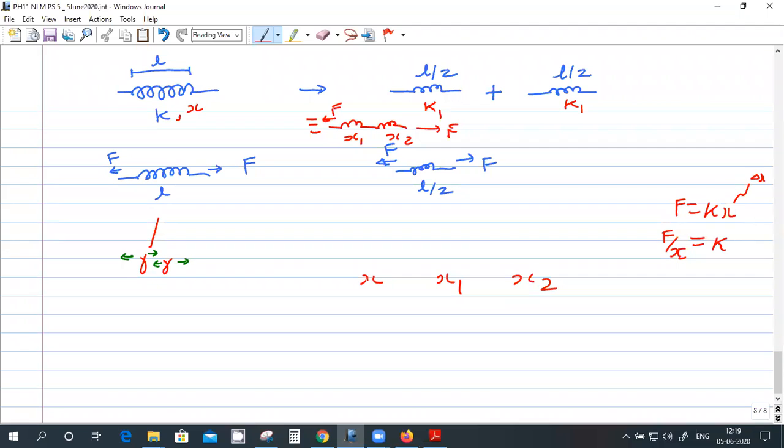What is the relation? First of all, x1 and x2 will be same, right? Because both are equal halves. Okay, and how do we relate x to x1 and x2?